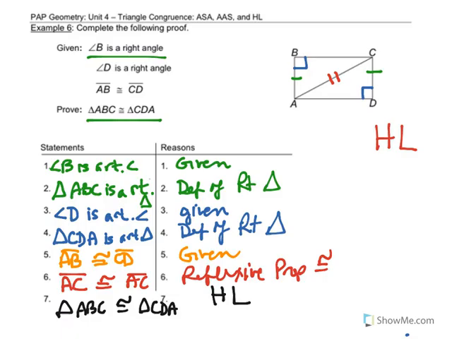So here's AB, there's our leg, and AC is congruent with AC, there's our hypotenuse. So statement 6 and statement 5 are what help us prove that by hypotenuse leg. Okay, now let's go to the back page, and we're almost done.